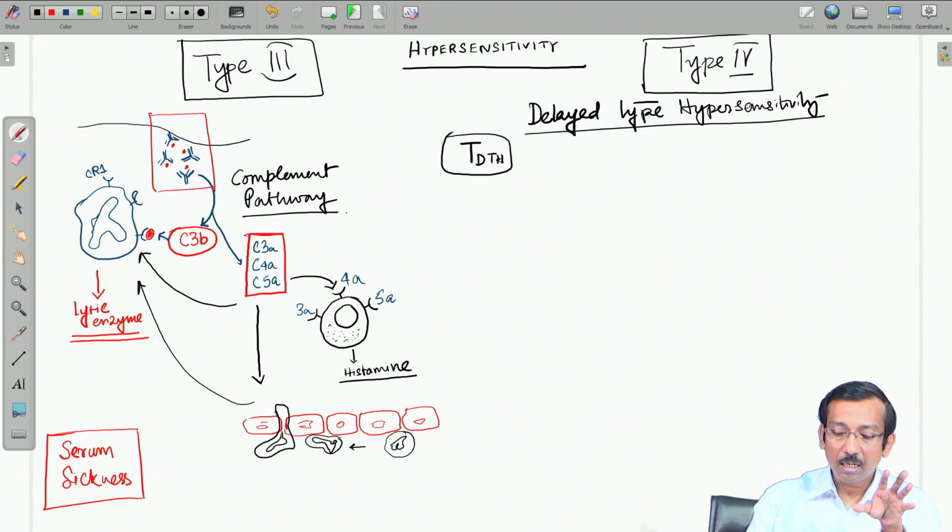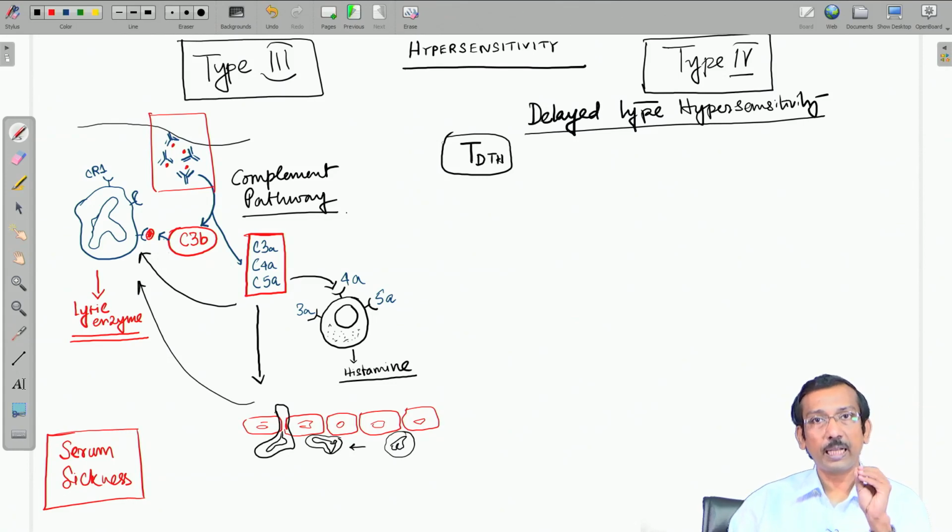Now, where does this delayed type hypersensitivity reaction elicit from? It elicits mainly from the antigen presenting cells, primarily the dendritic cells present in the epidermal region. So, in the epidermis, the Langerhans cells, let us say.